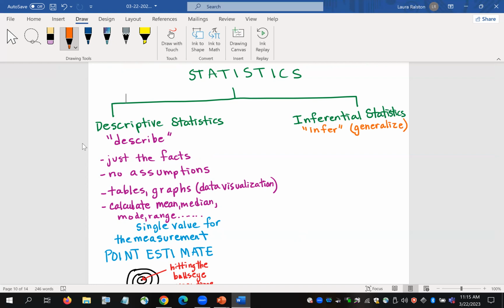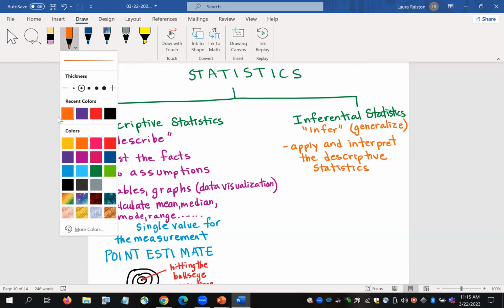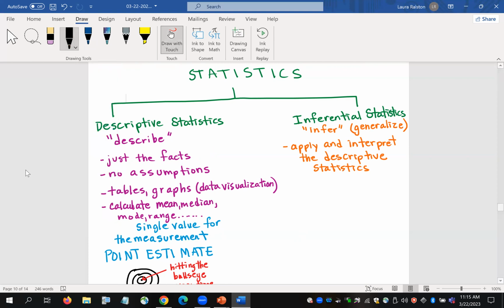So we want to make a generalization about, this is where we actually begin to apply and interpret the descriptive statistics. So the two branches of statistics are connected because I need the descriptive statistics in order to do inferential statistics.